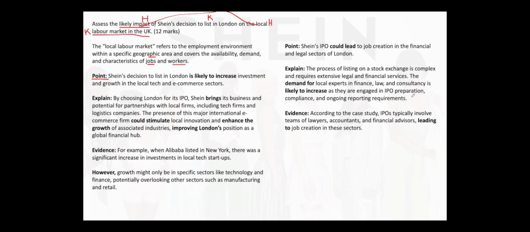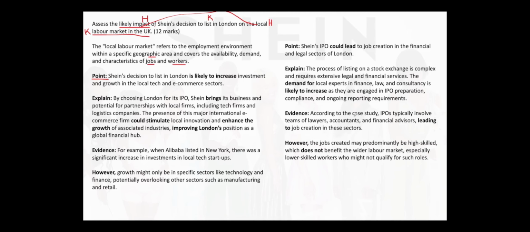According to the case study, see how we like to signpost the examiners here. IPOs typically involve teams of lawyers, accountants and financial advisors, leading to job creation in these sectors. A little bit of repeat of the start of it, but it does justify what we are trying to say.